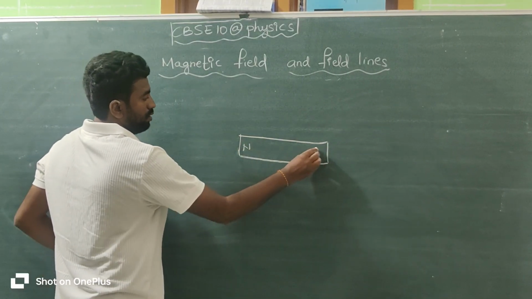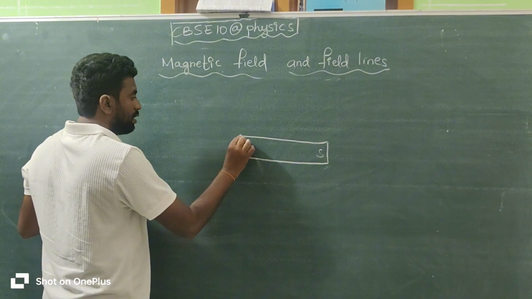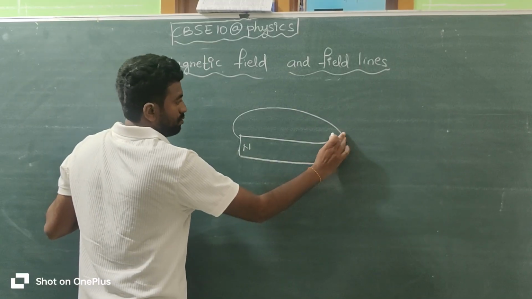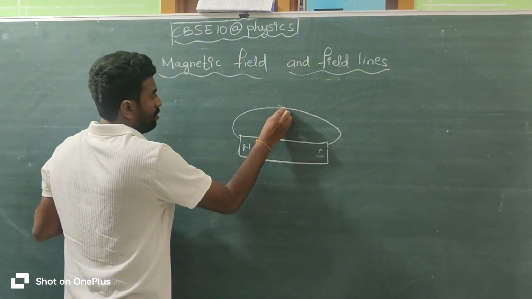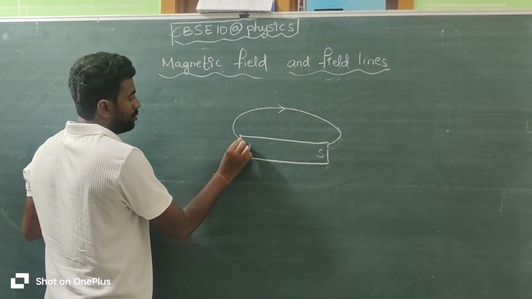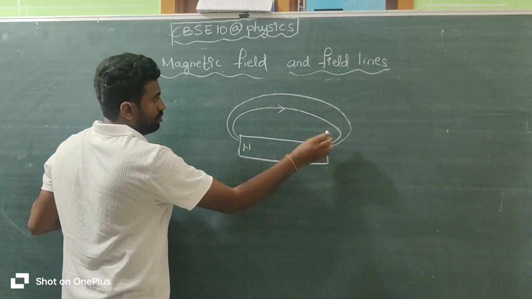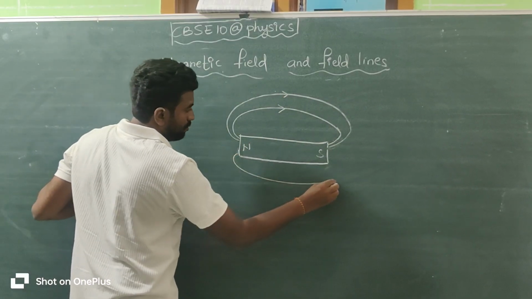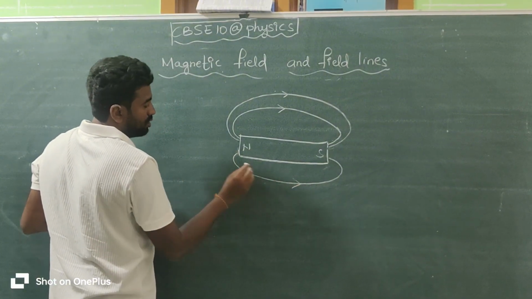Take a north pole and a south pole, and the direction of the magnetic field outside the magnet is from north pole to south pole. We need to draw very carefully. This is the direction.